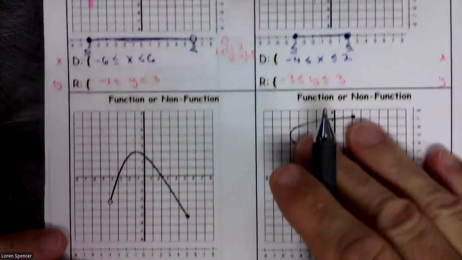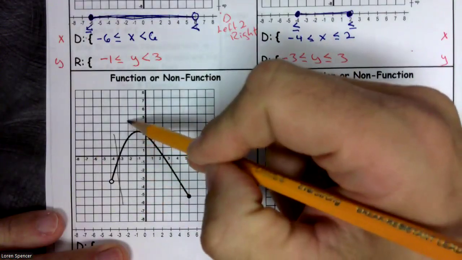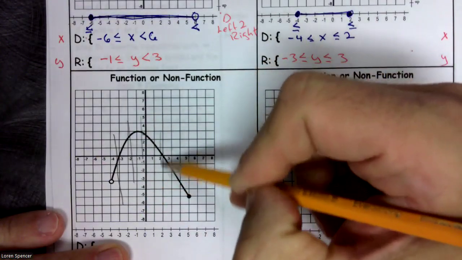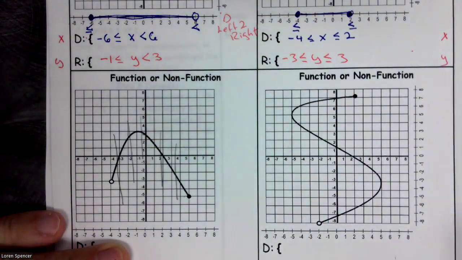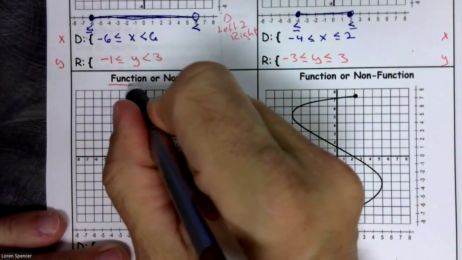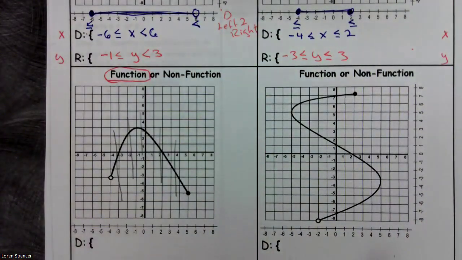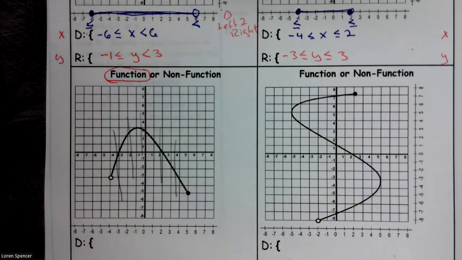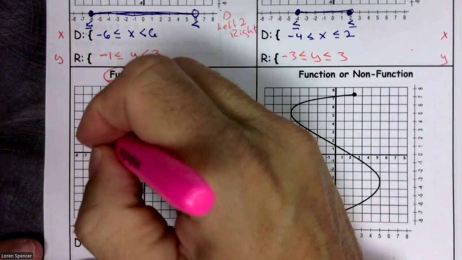All right, next one, vertical line test. If I draw a vertical line, I'm only hitting the picture one time. Because I only hit it one time when I draw any vertical line, it is a function. If I hit it more than once, it's not a function. So once again, we're going to start furthest to the left, or the most negative x value, the smallest x value.